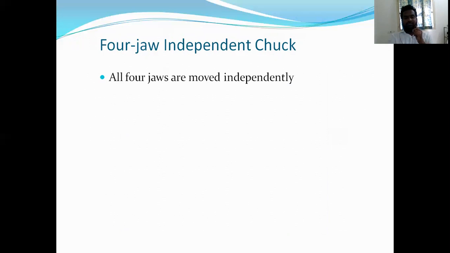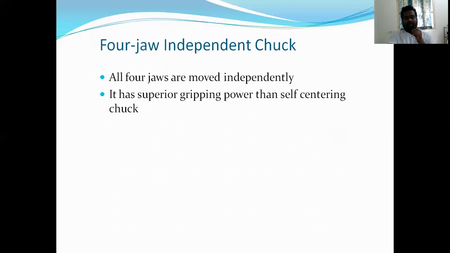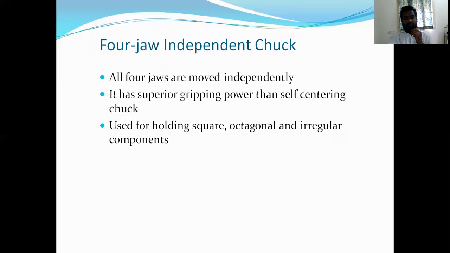In this, all 4 jaws are moved independently, as we learned. It has superior gripping power than the self-centering chuck, but the time required is more with the 4-jaw chuck because all 4 jaws are moving independently. We have to move all the keyways.